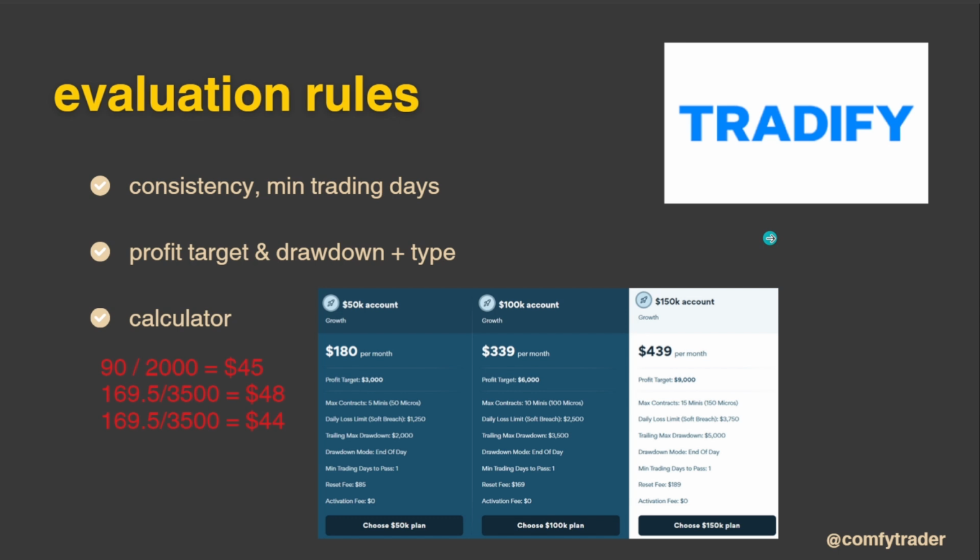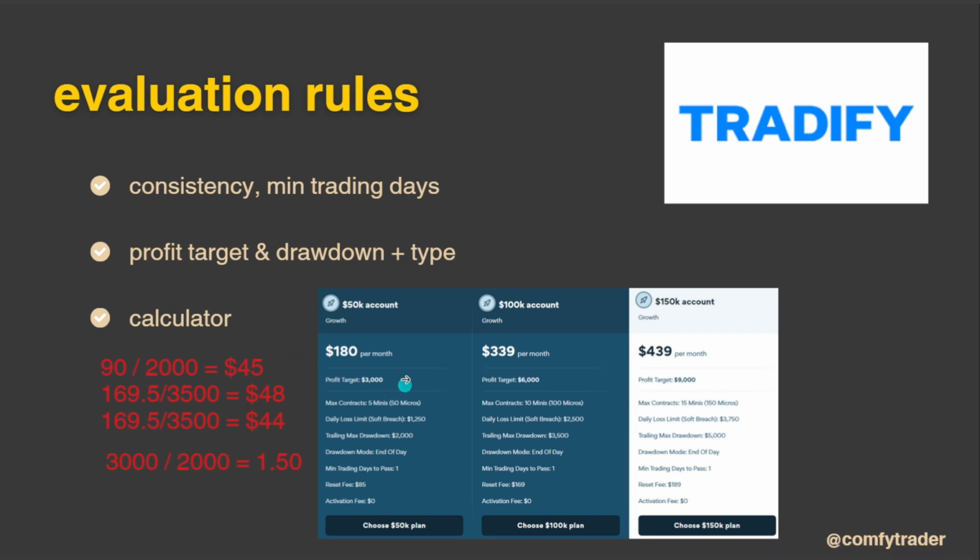And another thing I'm looking at is the risk to reward ratio, because as in trading, when you open a trade, you always look at how much I'm risking to how much I'm trying to gain.